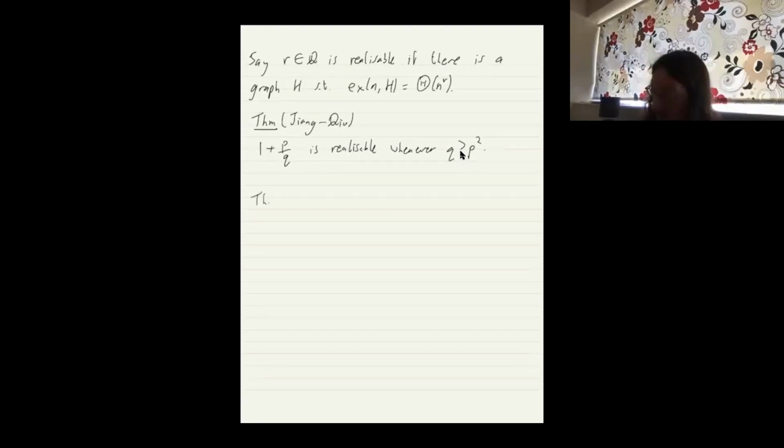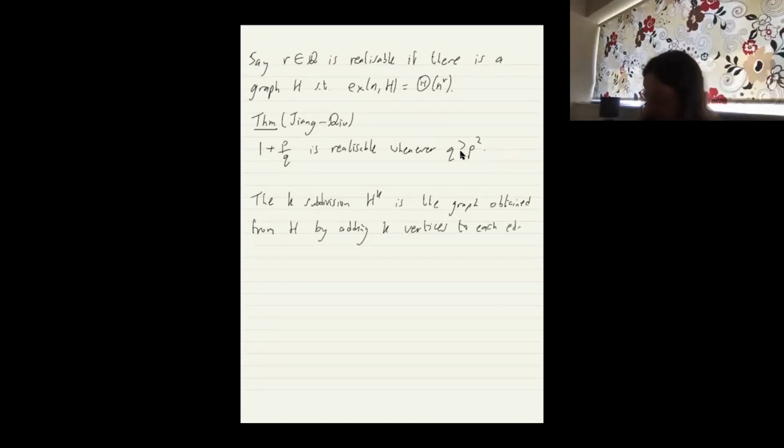So the K subdivision H_K is the graph obtained from H by adding K vertices to each edge. So before, when we just talked about subdivisions, we just added one particular vertex to each edge, and now we're adding K vertices to each edge. So we really are just breaking up each edge into a long path.